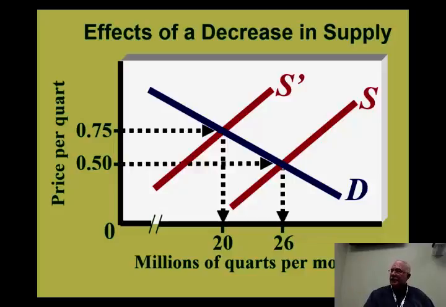And if it says that supply shifts to the left, you just draw it. You just shift supply to the left, and the answer jumps right off the piece of paper and hits you in the face. So you don't have to know anything. You just do what the question says, and the answer here, obviously, if supply shifts to the left, you're going to get a higher price and a lower quantity at the new equilibrium.